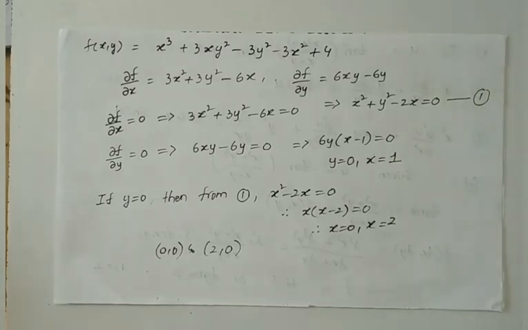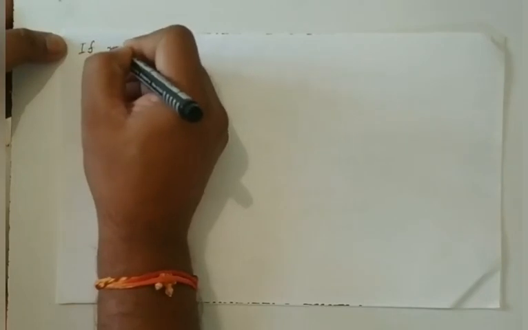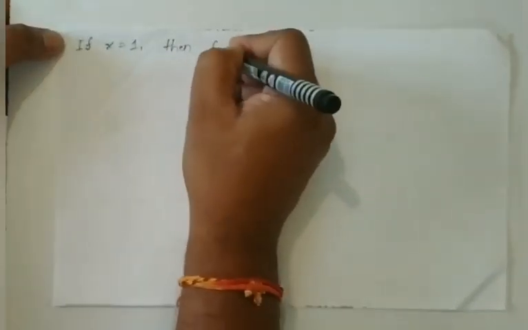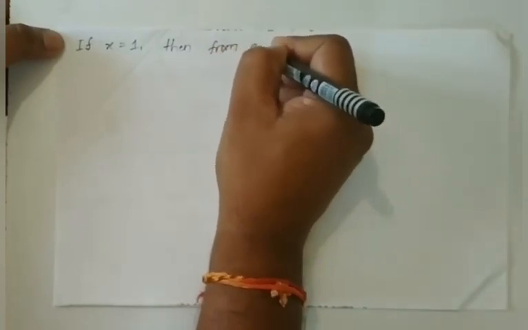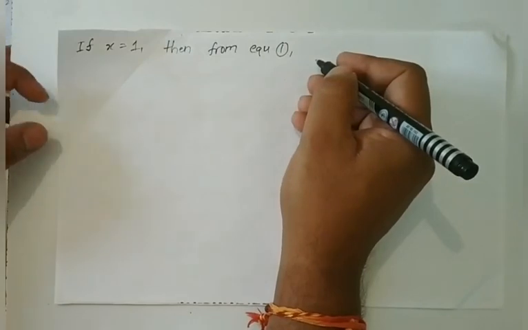Okay, don't get confused. If x is equal to 1, then from equation 1, substitute x is equal to 1 in equation 1.